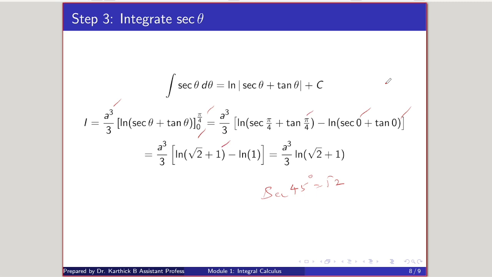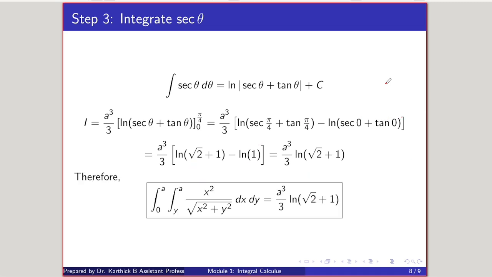And secant 0 is 1, tan 0 is 0. So I am getting this form. And now we already know that log 1 becomes 0. Therefore the remaining term will be a cube by 3 log of root 2 plus 1. So finally we get the answer.